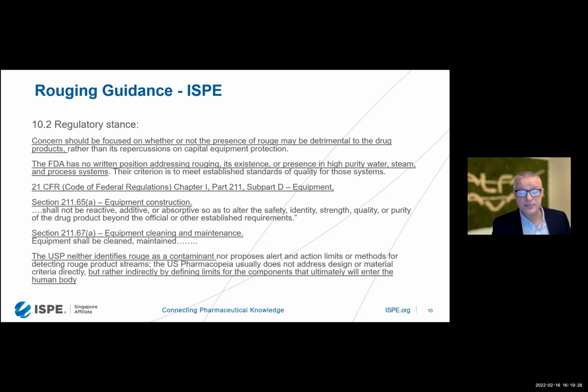Also, if we look at the USP, they neither identify rouge as a contaminant, but rather indirectly define limits for the components that ultimately will enter the human body. And this is mainly the particles.